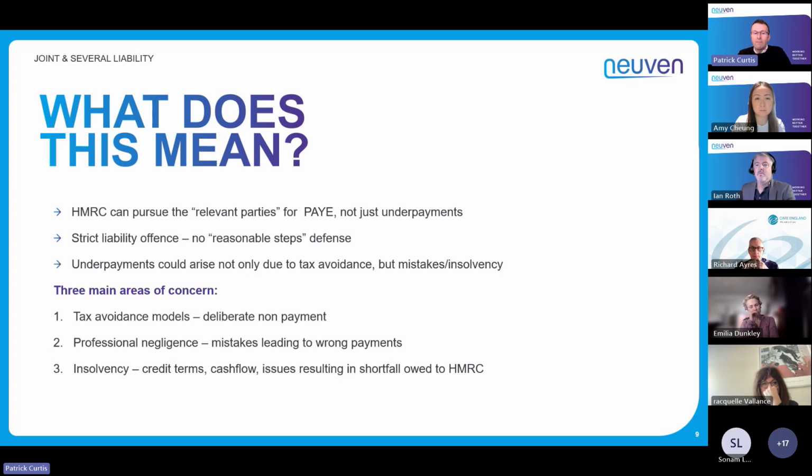So I think if you are using employment agencies, the risk of tax avoidance is lower. But of course, that still leaves at least two other headings: either professional negligence, just making a mistake in your tax calculation, or probably more critically, insolvency.